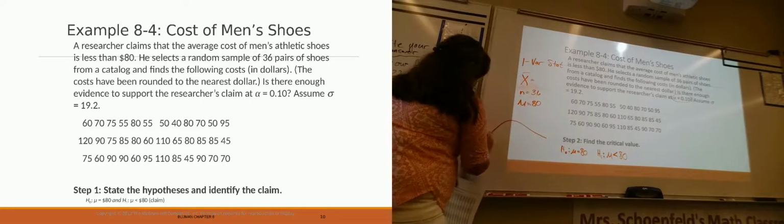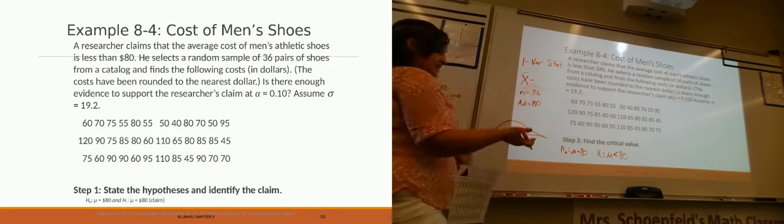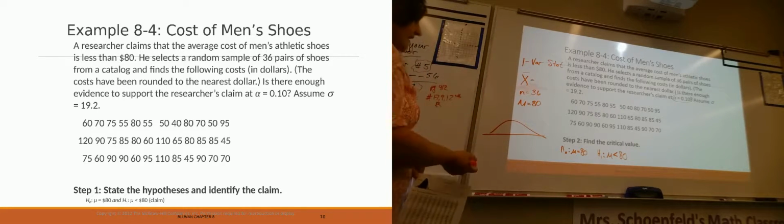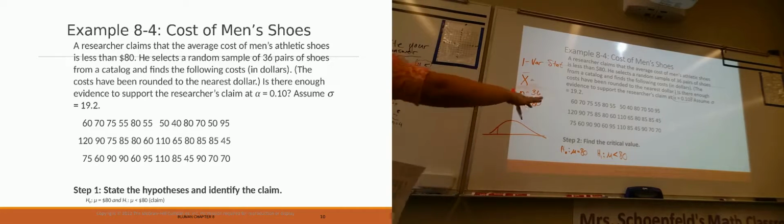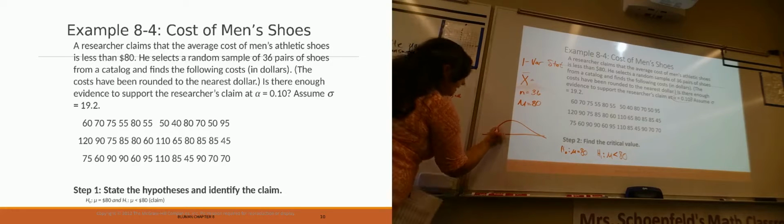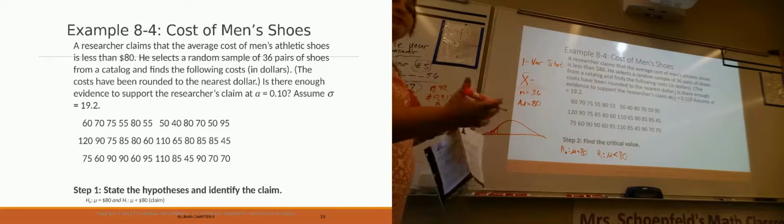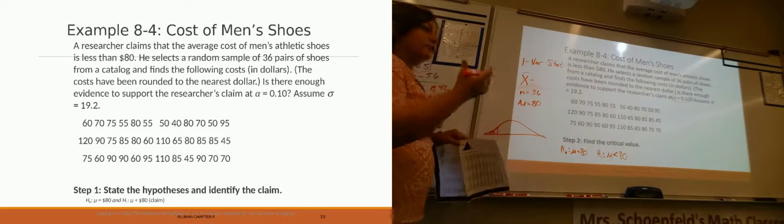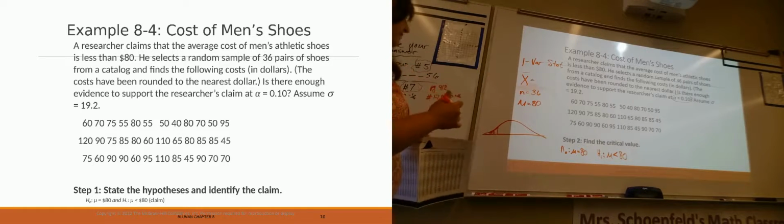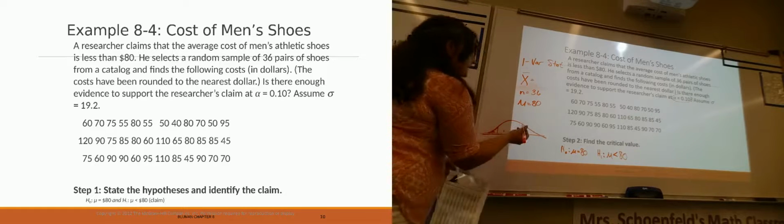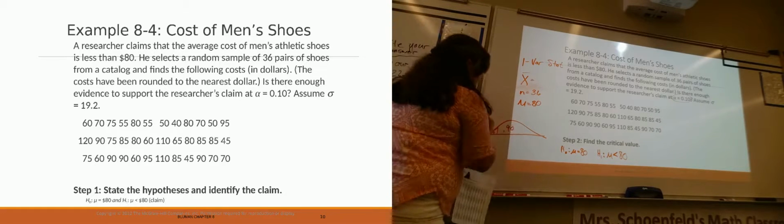I want it to be less than 80, so I'm testing the bottom half. I look at which way I'm pointing. So this has to be 10%. It's not two-tailed. Remember, two-tailed would be when I split it into two parts. This here would be 90%.